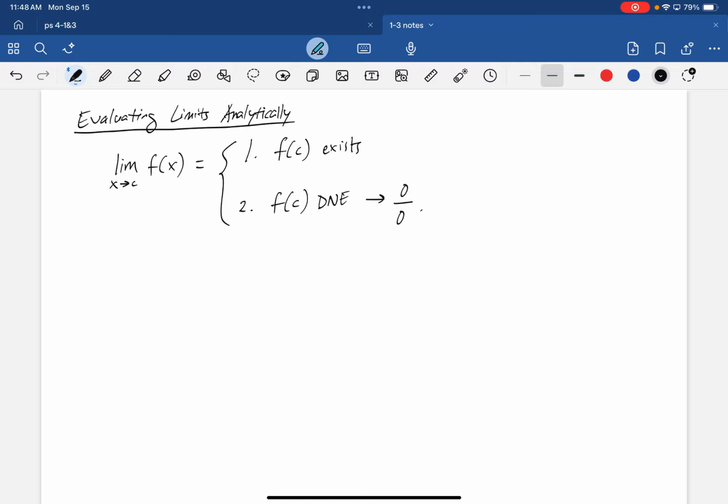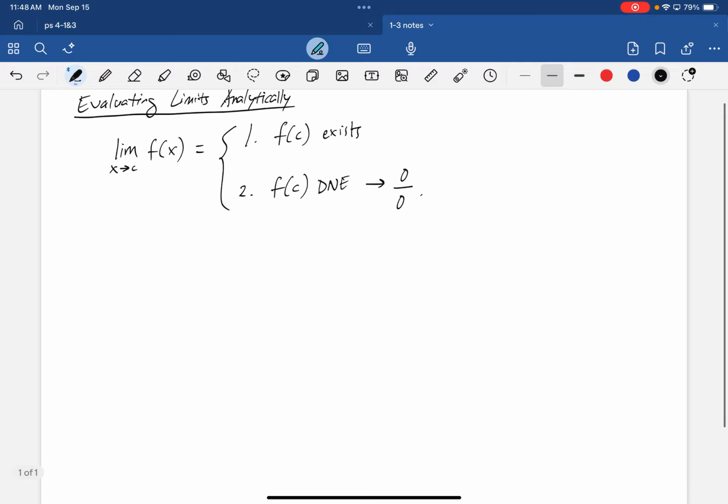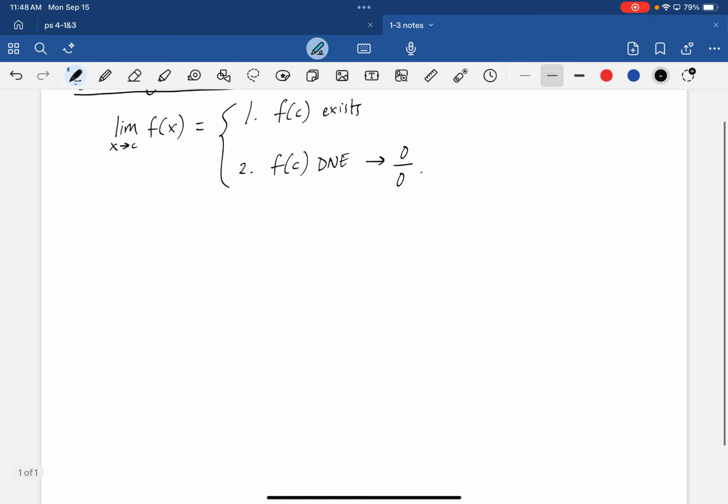Okay. I'll give you guys an example. Let's say we had f of x equals x squared minus 2x minus 3 over x minus 3.